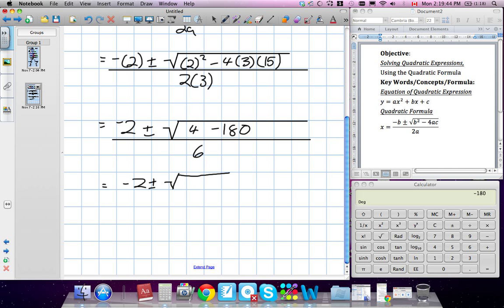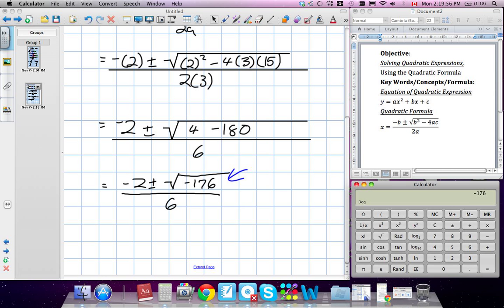We end up with negative 2 plus or minus the square root. That's why I usually do straight lines. Negative 176 divided by 6. Now, I have to find the square root of negative 176.